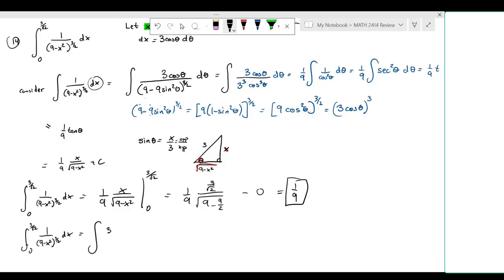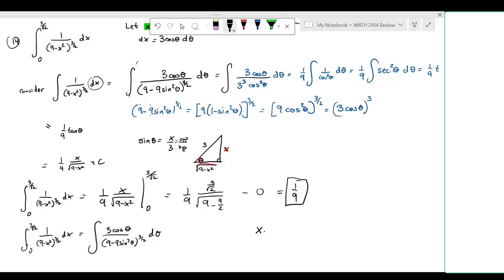But at that point over here, we would change the bounds.